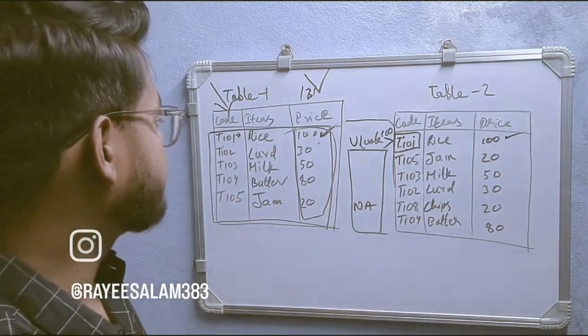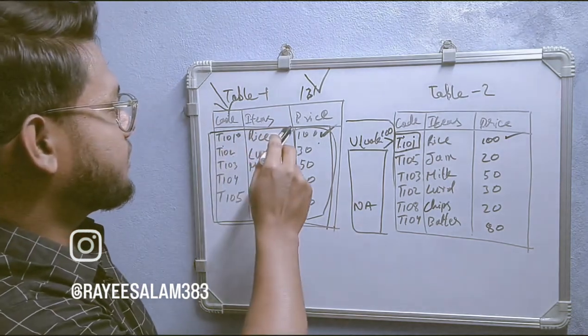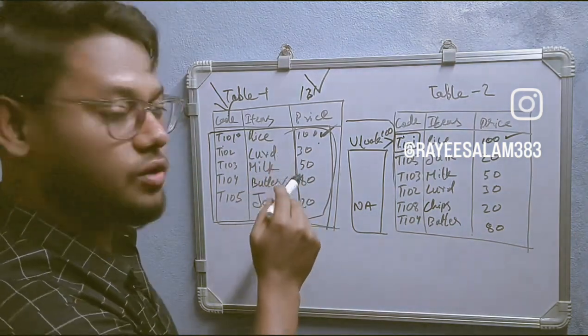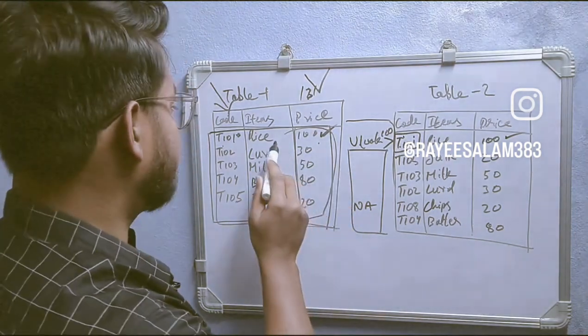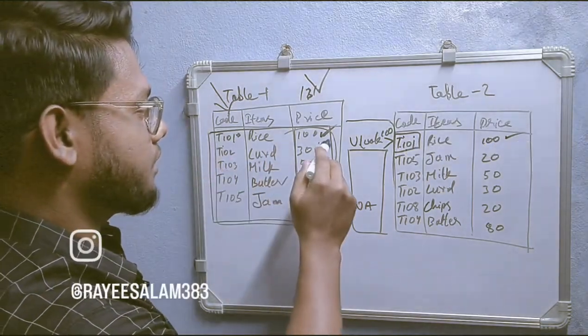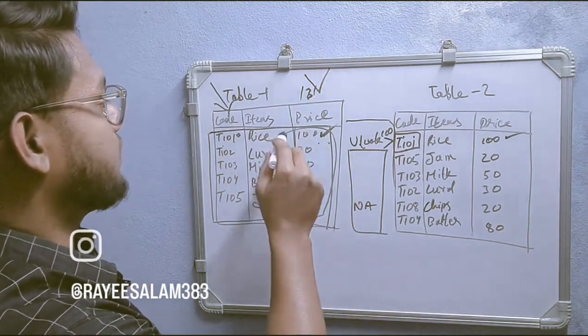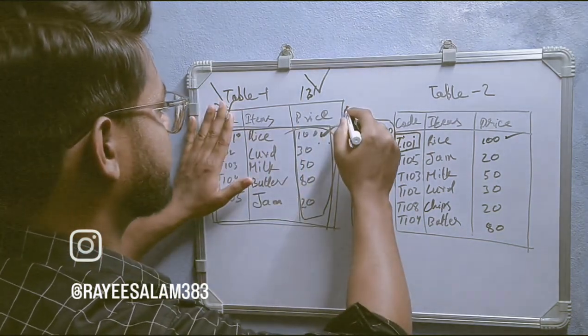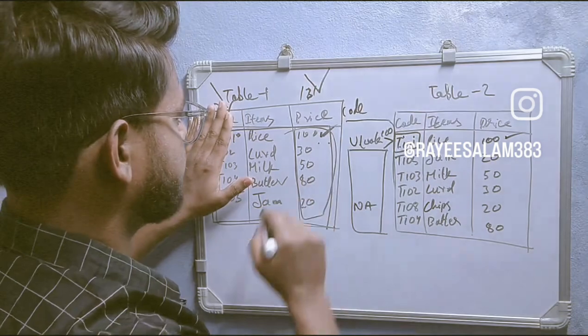Sometimes your common code will be in the middle of the table. In that case, to apply VLOOKUP you will have to move the common code to the left-hand side, and only then will you be able to take the price. Let's say the price is here and the code is here.